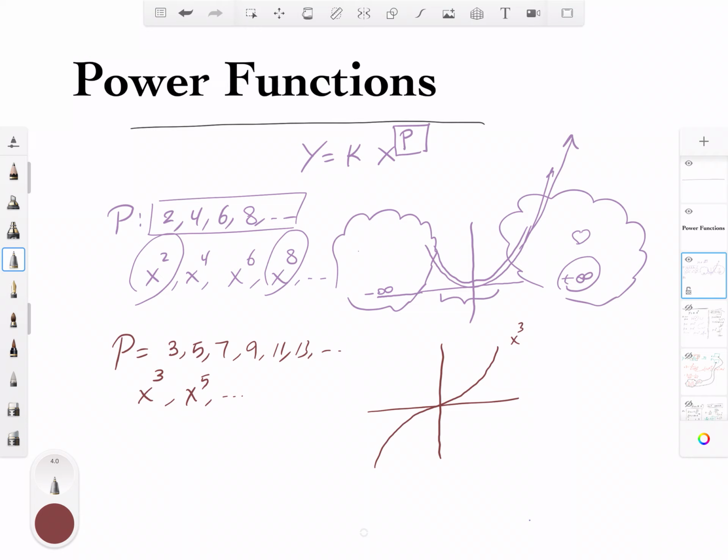X to the power of 5 might be something like that, but again, we are dealing with big numbers in the long term, from negative infinity, from here or there, they will act the same. So far we talked about all the even and odd positive ones.